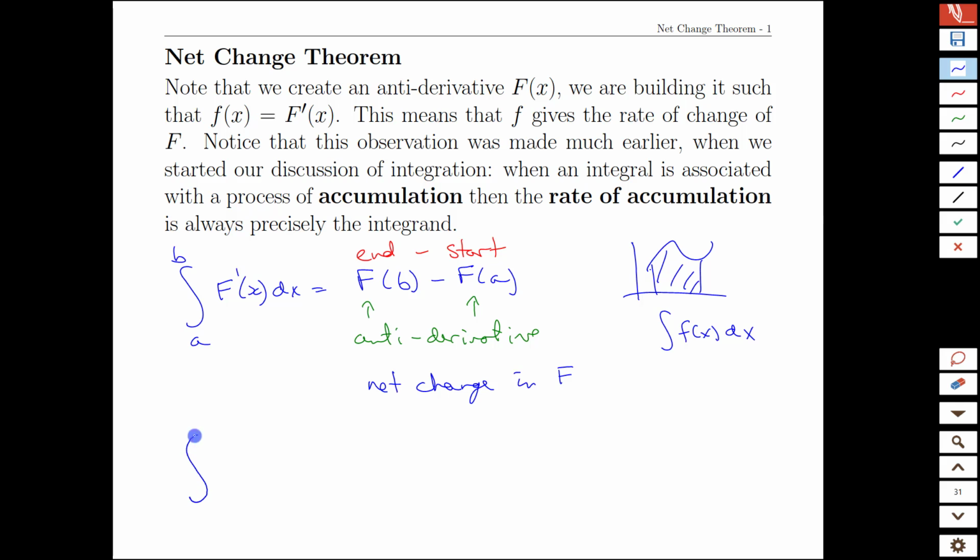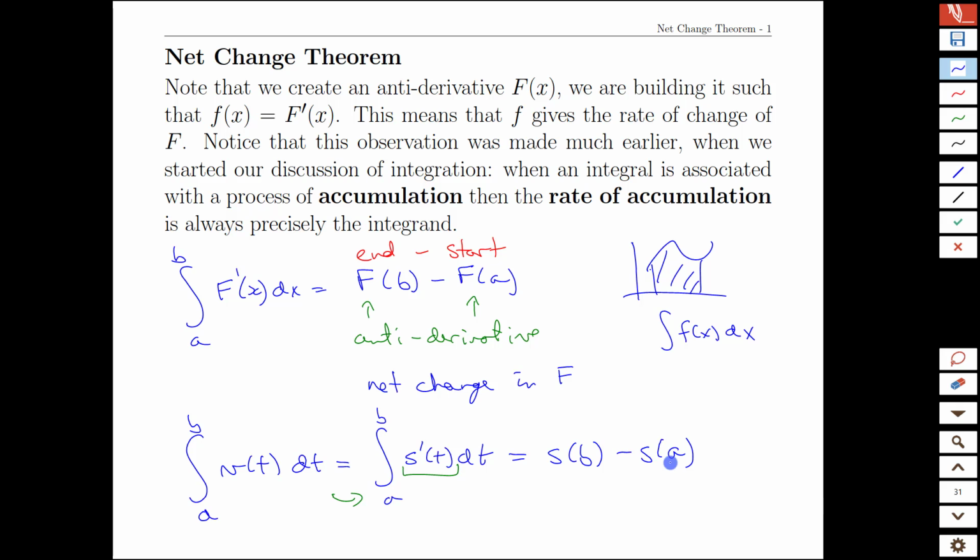And the most concrete one of those that most of us can relate to is taking a look at velocity with respect to time. If we integrate velocity, it's the same thing as integrating the derivative of, let's call it s for position, because the derivative of position is velocity. And when we integrate that, we get s(b) minus s(a).